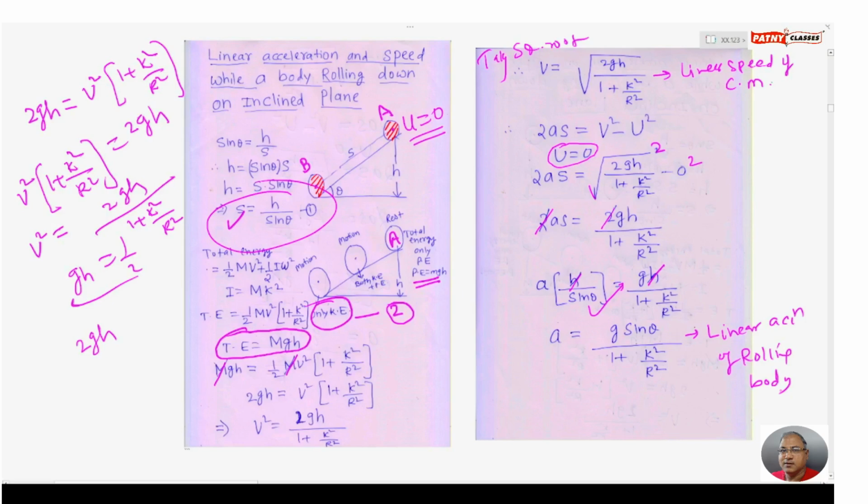So when a body is rolling down, there is a linear speed of the center of mass and a linear acceleration of the rolling body, and we got the expressions here. What do you observe from these expressions?